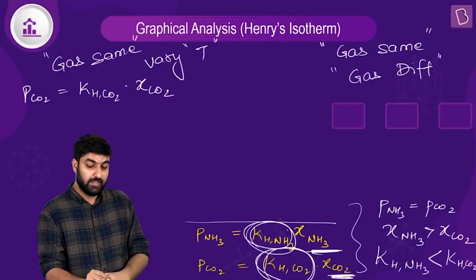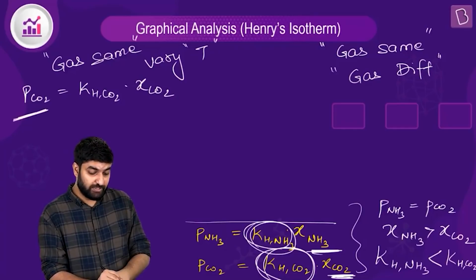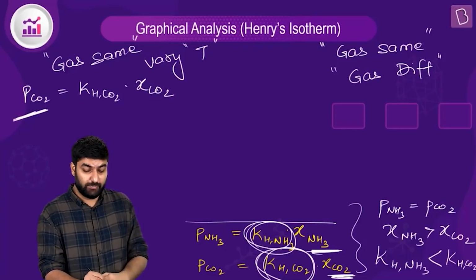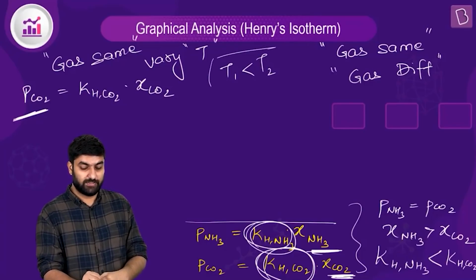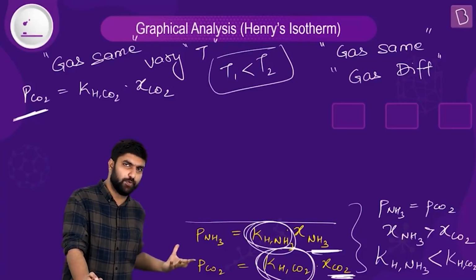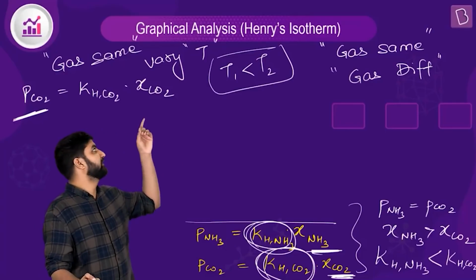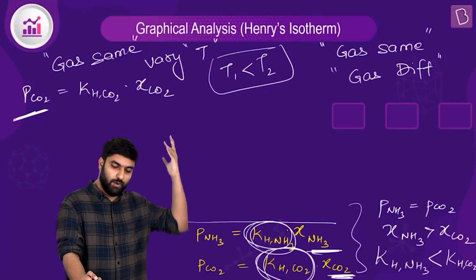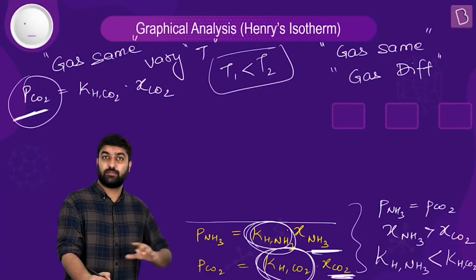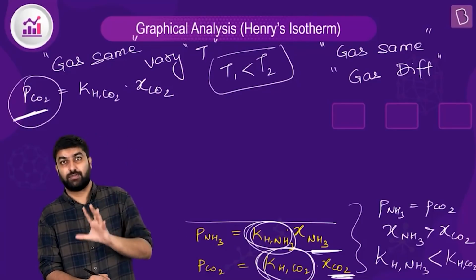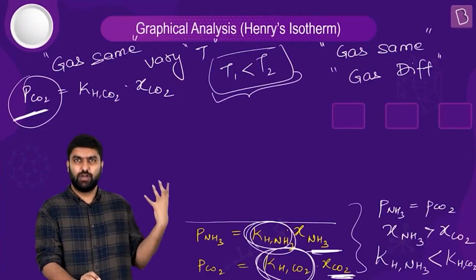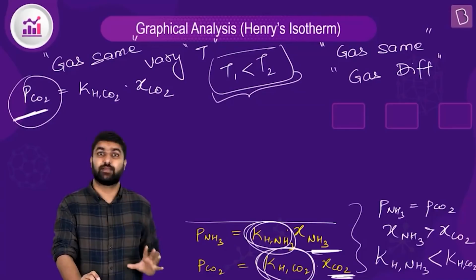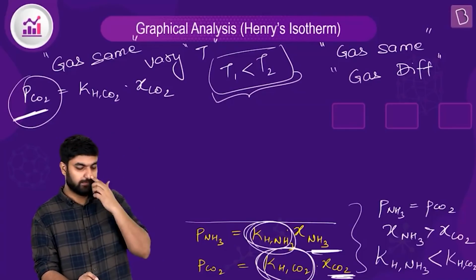For the same partial pressure, you're talking about the solubility at two different temperatures. Let's say temperature 2 is more than temperature 1. Temperature high, temperature low, same partial pressure. We are not varying partial pressure because we want to study the effect of temperature on solubility, so everything else has to be kept the same.